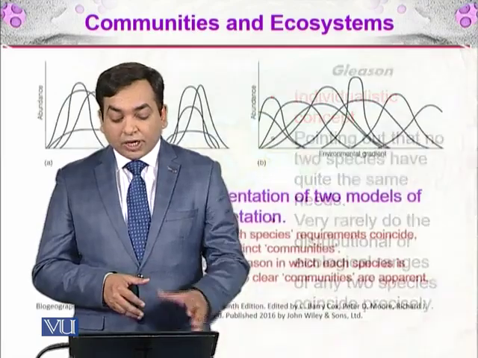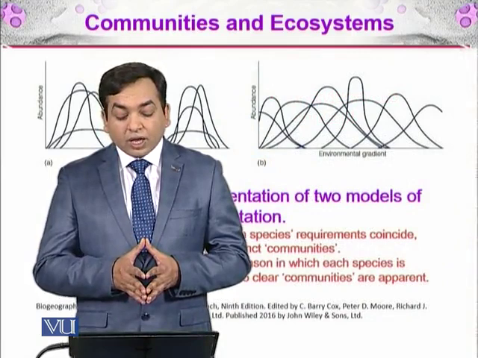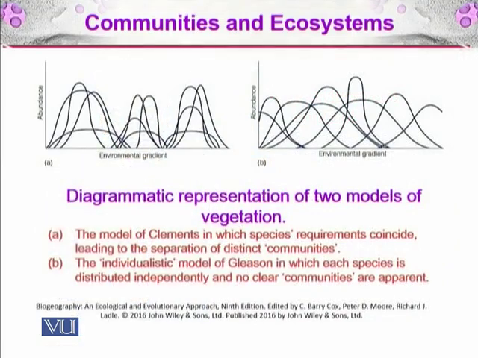This was explained in the diagrammatic representation of two models of vegetation, which you can see here. In A, you can see the model of Clements, in which the species requirements coincide, and the bell-shaped curves make groups. You can see three apparent groups in A, leading to the separation of distinct communities.